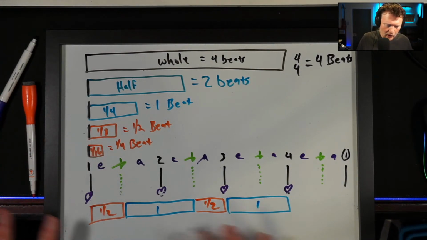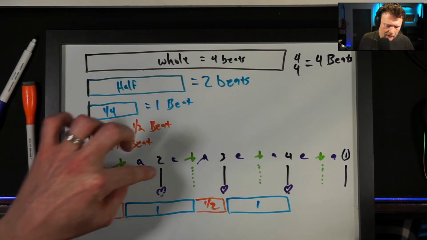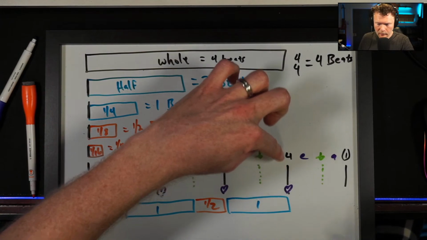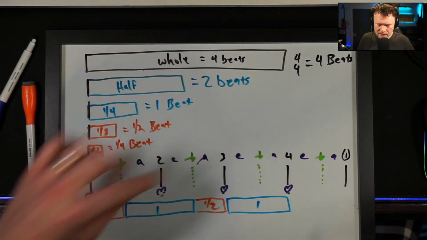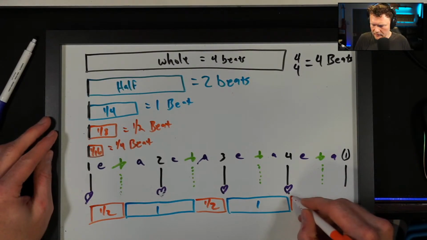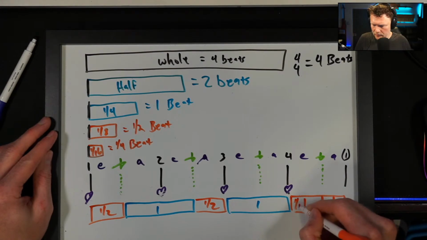So far we've got 1 and 3, 4. Well, no matter what, I've taken up the space, so my next note is going to be on there. What if I drew out these 16th notes, and all of these are quarter beats.